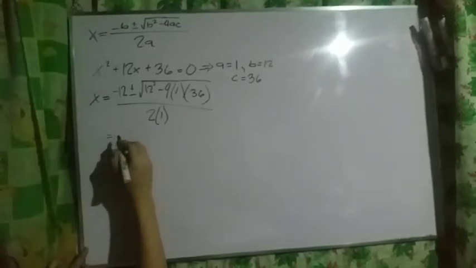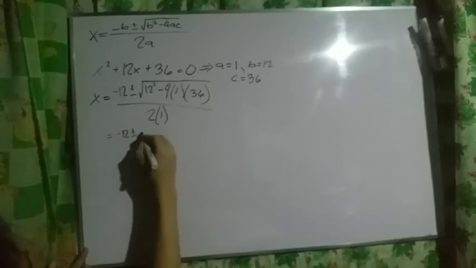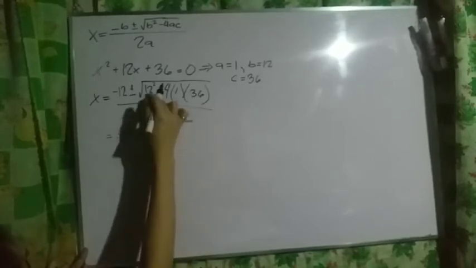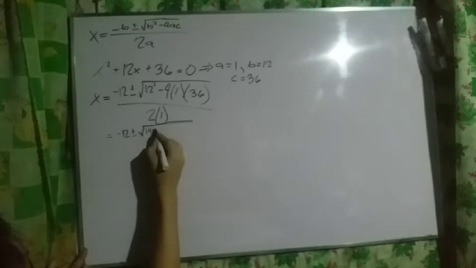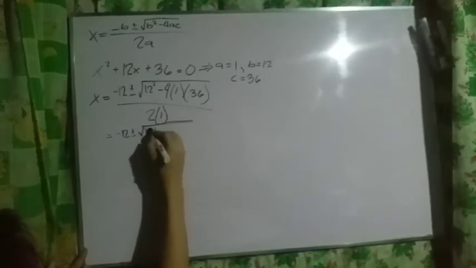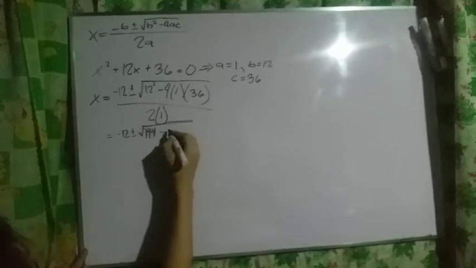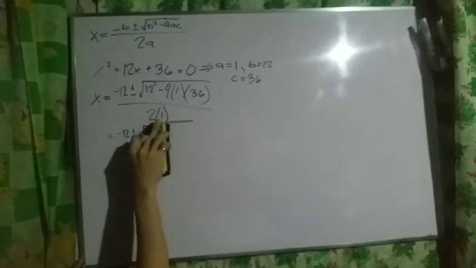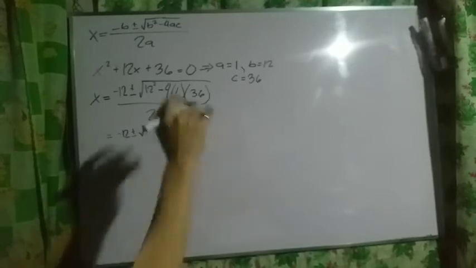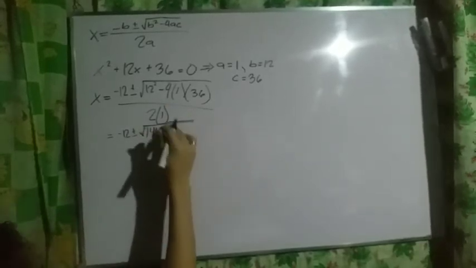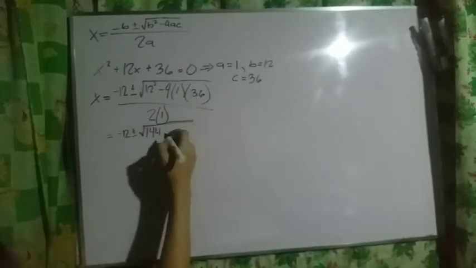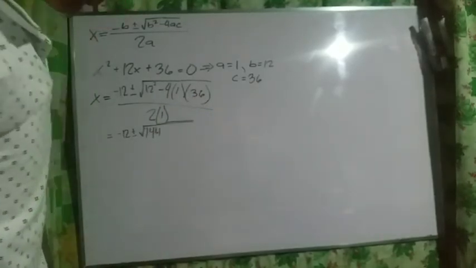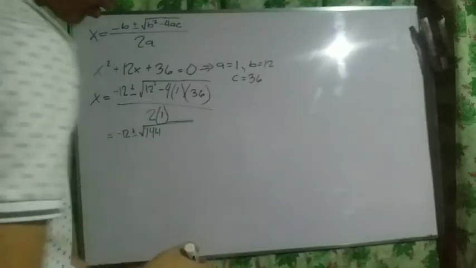So it is equal to negative 12 plus or minus square root of 12 squared, which is 144, minus 4 times 1, which is 4, and 4 times 36 is equal to 144 also.